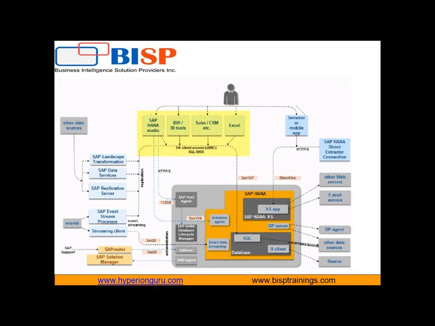We have two scenarios in the HANA database. One is that it can be used as an accelerator in a sidecar scenario. Sidecar is nothing but this: existing customers already have BW systems, and they don't want to scrap them. They still want to maintain those systems, and if they wish to have HANA Studio, what they can do is use HANA as a sidecar.